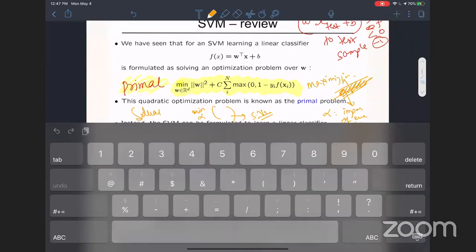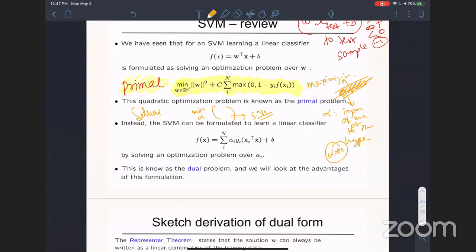What I'm trying to understand is, by adding that C and that error term, we are basically trying to find a different boundary. No. What we're trying to say here is, compared to hard margin, we're now trying to relax that constraint and probably might learn a wider margin by allowing some points to misclassify.